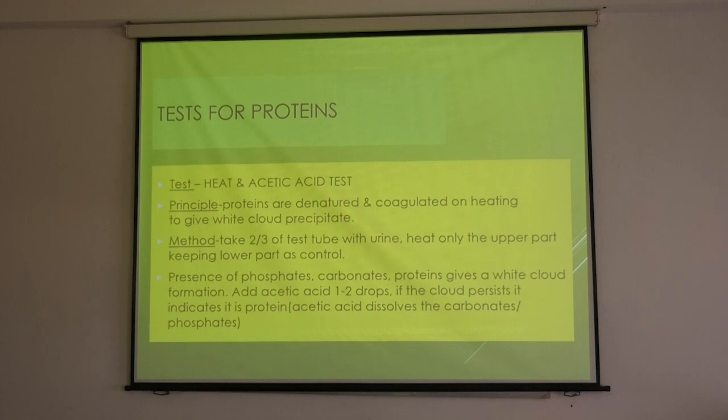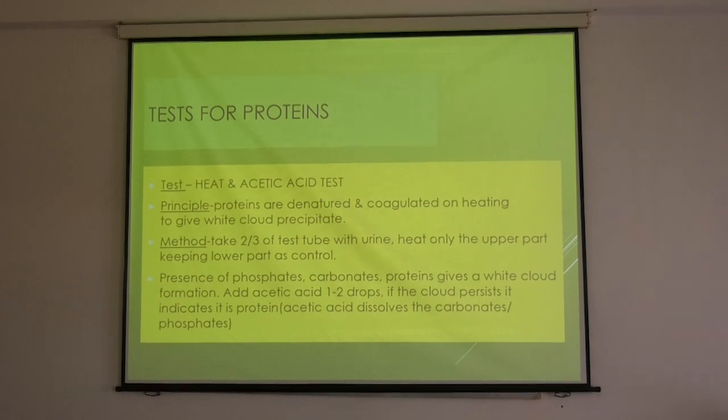We will take a test tube, fill it up to 2/3 or 3/4, and heat the upper part of the urine in the test tube and see whether there is appearance of any cloudiness, haziness or whitish cloudiness.